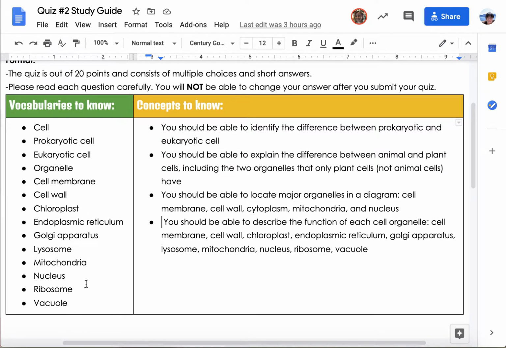Now on the left, it is a list of vocabulary to know: cell, prokaryotic cells, eukaryotic cells, organelles, and different parts of the cells.